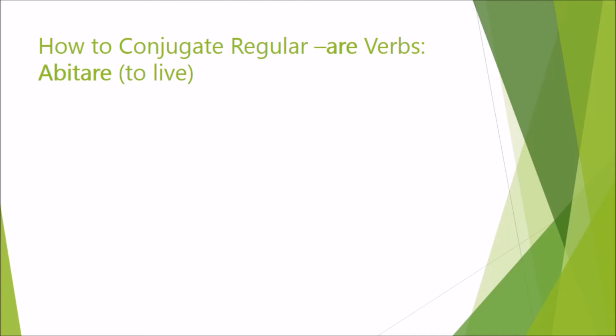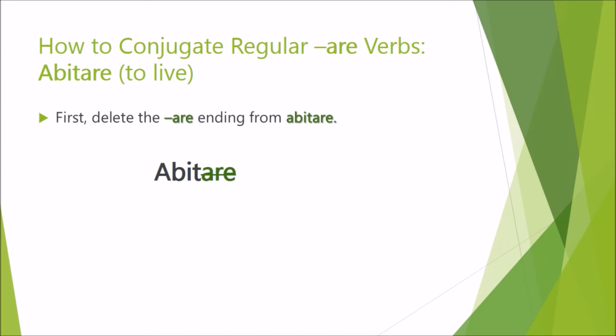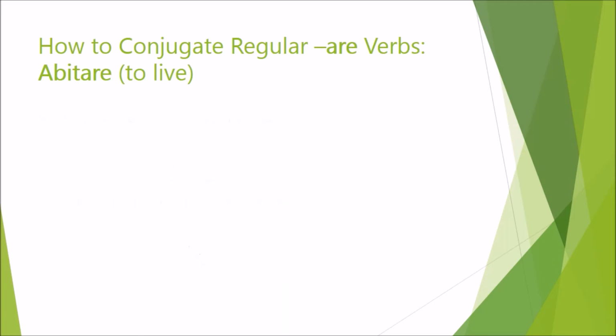Let's see how to conjugate the regular -are verbs. The example verb we will use first is abitare. This verb means to live, as to dwell in a place. First, delete the -are ending from abitare. You will be left with the stem abit-.